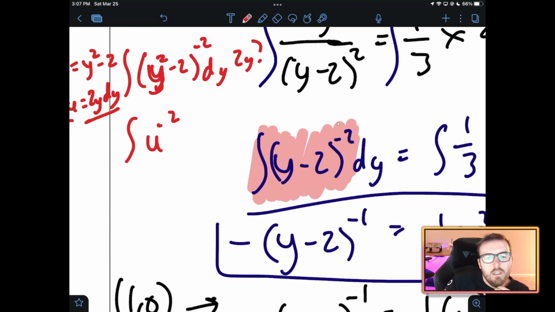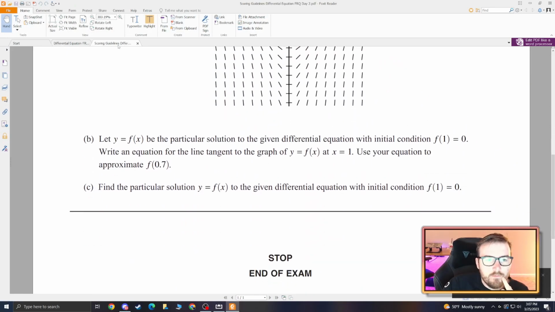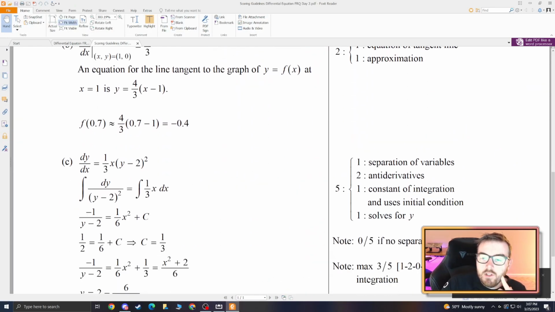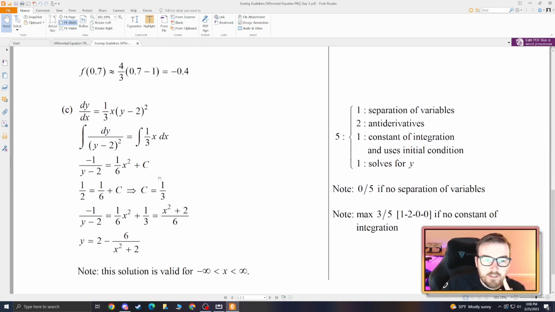All right. If you're still with me, great, fantastic. Let's look at the scoring guidelines on this final bit. It wants you to, 1, separate the variables. That gets you a point. It wants you to, 2, get the antiderivative. So this antiderivative of negative 1 over y minus 2 gets you a point.